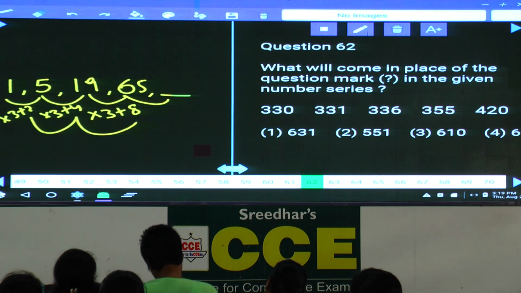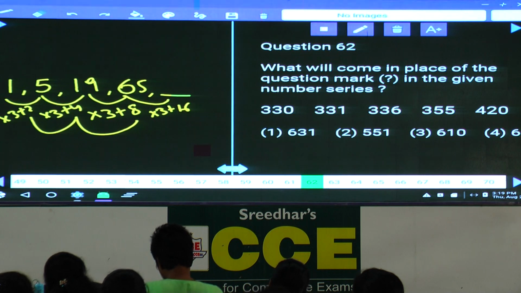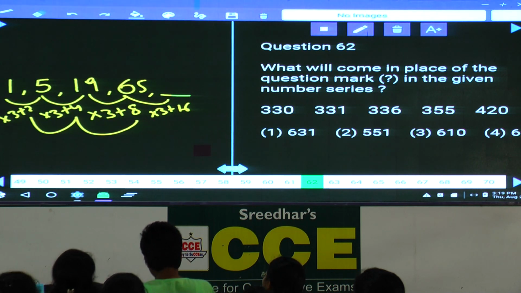Now 2, 4, 8, next one must be into 3 plus 16. Now 65 into 3 is how much? 60 into 3 is 180, 5 into 3 is 15, so 195. 195 plus 16 is 211. Fine.